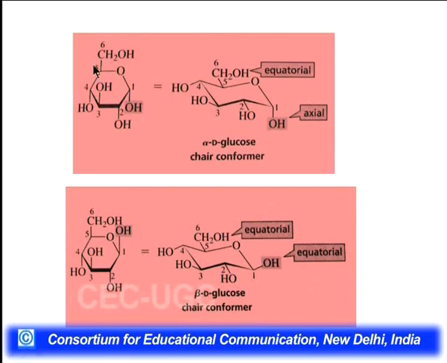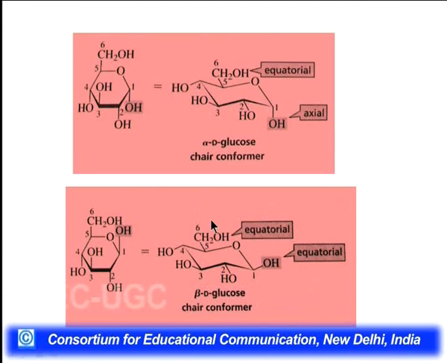So if I now convert a Haworth projection into a chair conformation, remember that the CH2OH is equatorial, and it is only the anomeric OH which is axial. All other OH are equatorial in position.